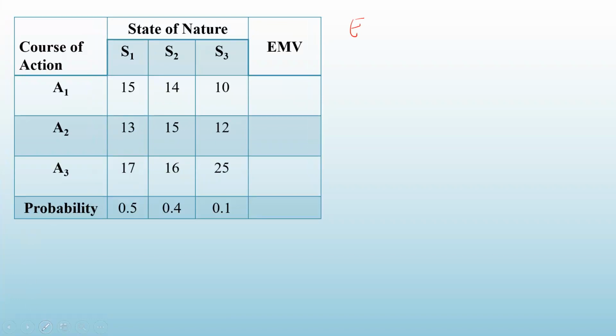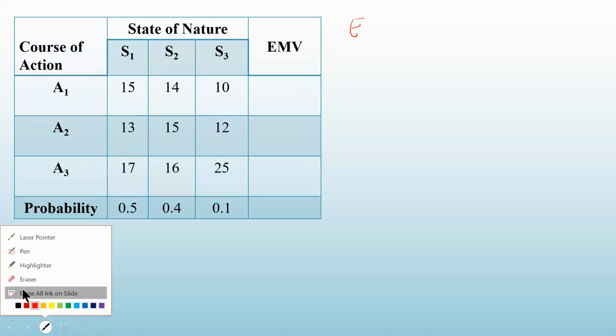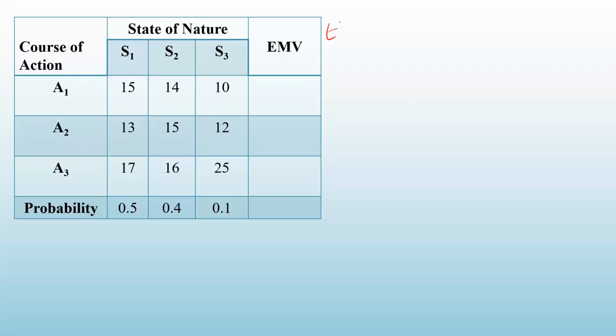So let us find out the EMV for A1. As per my definition, what is it? It is the summation of the product of payoffs and probability.